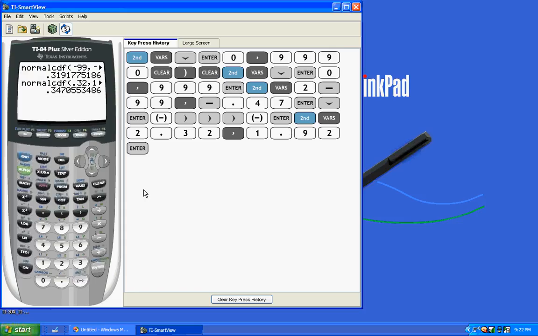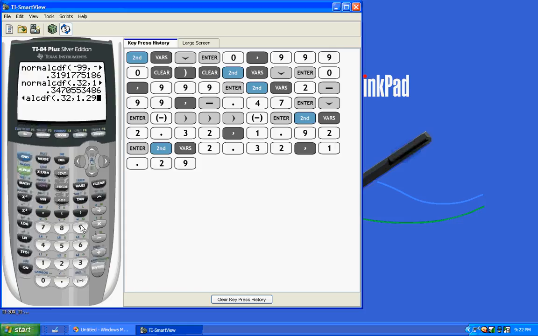So let's see if we get the right answer doing it that way. So second distribution, normal CDF, from 0.32, comma, to 1.29, since that's how I worked the problem, and that's the 0.275 or 276 that we got earlier.